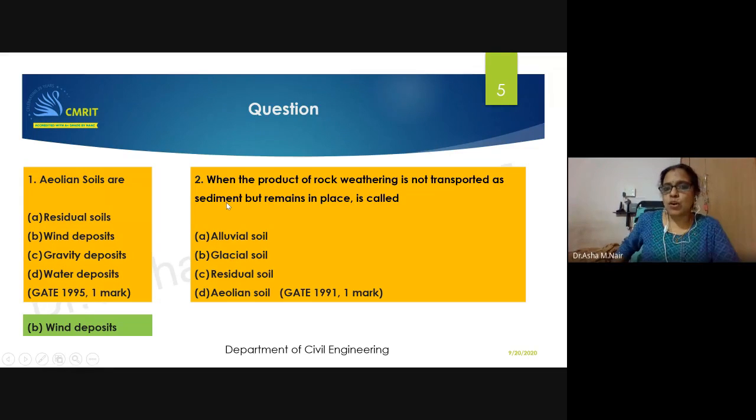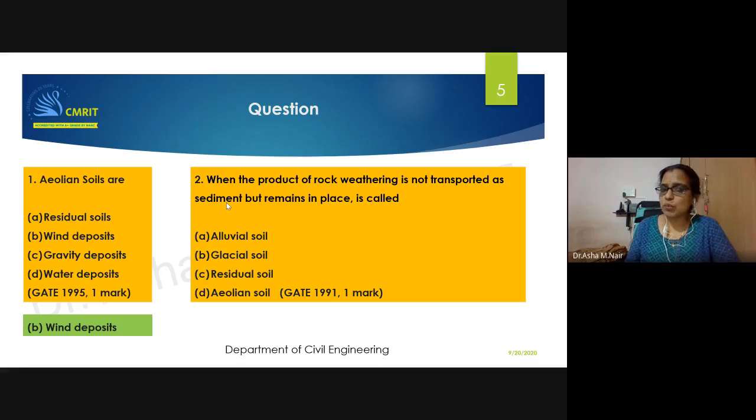Now, a second question is like this. When the product of rock weathering is not transported as a sediment but remains in place, it is called as what? I have already told this answer in the first question itself. When the product of rock weathering is not transported, it settles in the same place. It cannot be an alluvial soil because that is transported by means of water.